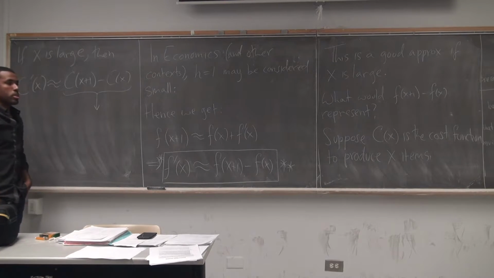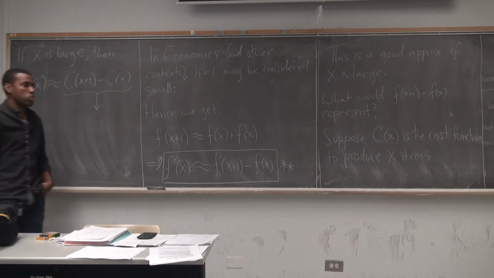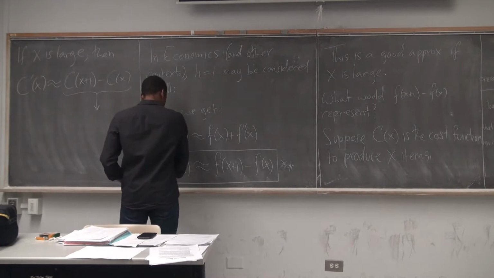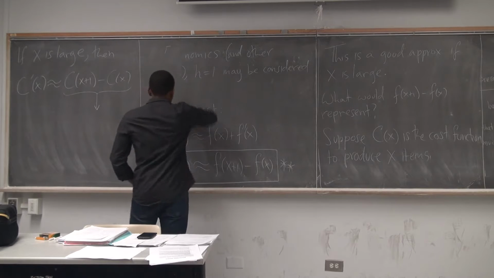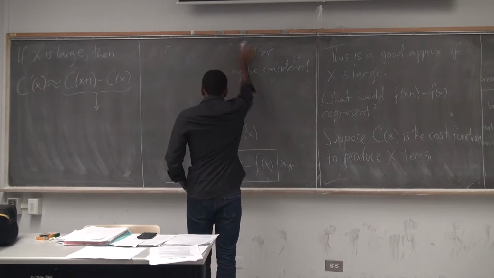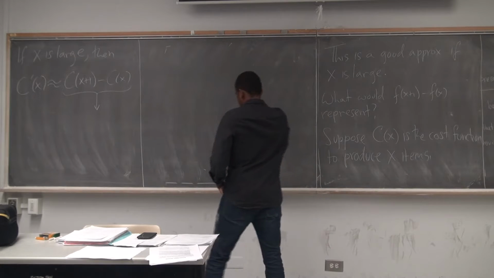It's a little more specific than that, but you're on the right track. It is the cost to produce one item, but which one item? The first item, the second item, the third item, the 1000th item? Which item is that talking about?